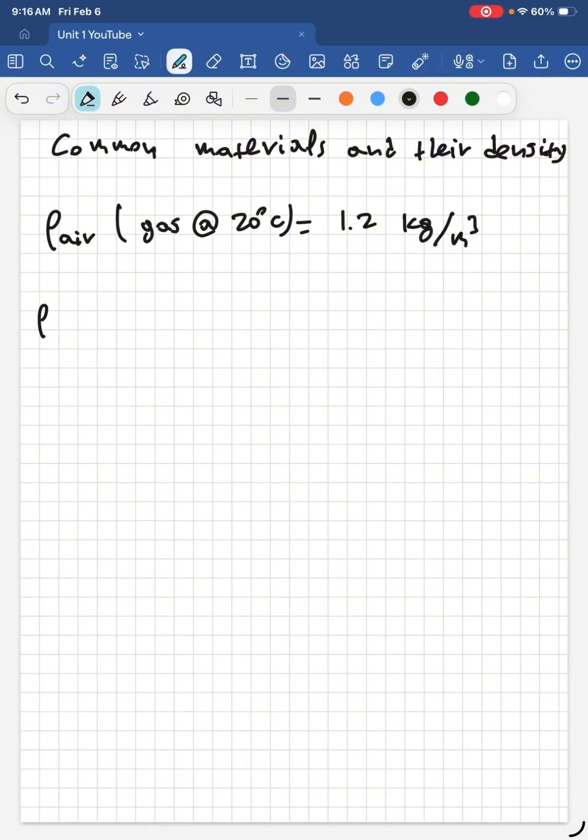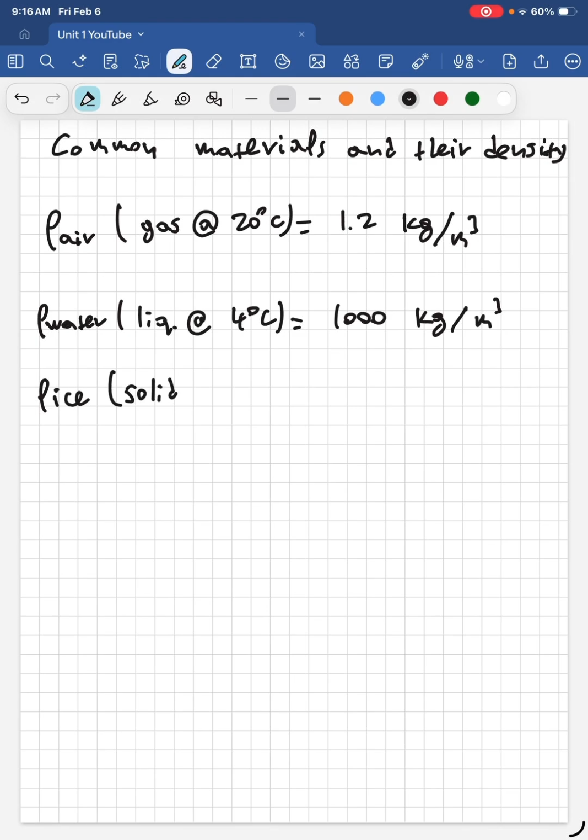Now the density of water, which is a liquid at 4 degrees Celsius, is 1000 kilograms per cubic meter. Then the density of ice, which is a solid at 0 degrees Celsius, is actually 919 kilograms per cubic meter. So you see that it's lighter than water, that's why it floats.